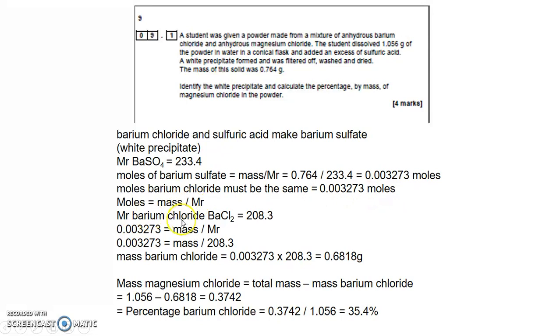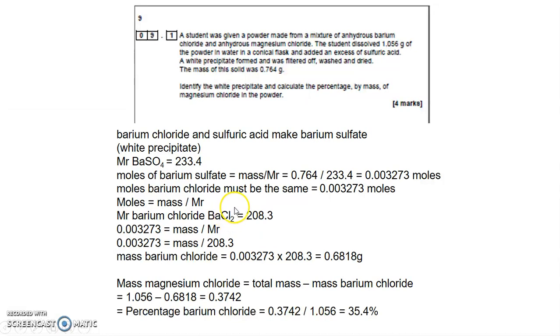So I now know the number of moles of barium chloride. I know the Mr of barium chloride because barium chloride is BaCl2. By the way, barium's in group 2, so it's 2+. The sulfate ions are 2-. 2+ barium, sulfate SO4 2-. They cancel each other out, BaSO4, whereas barium chloride, Ba2+ for barium in group 2, loses 2 electrons from its outer shell and becomes 2+.